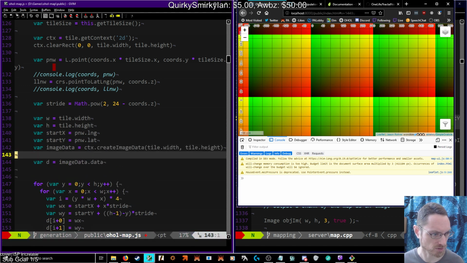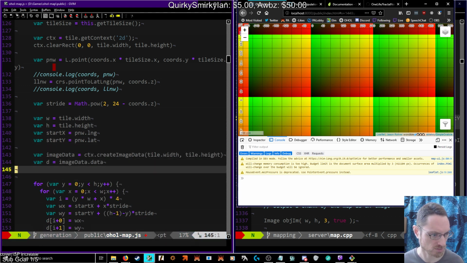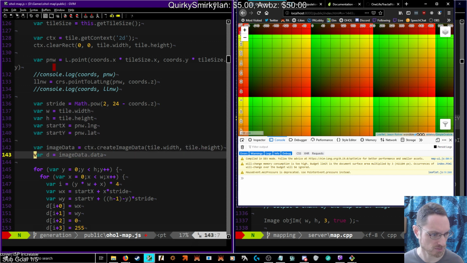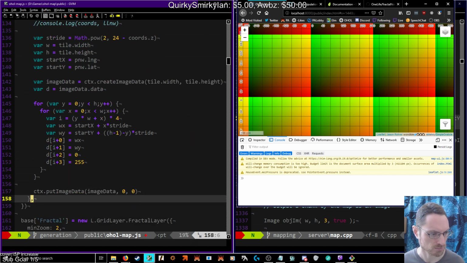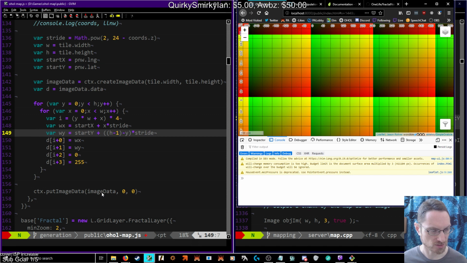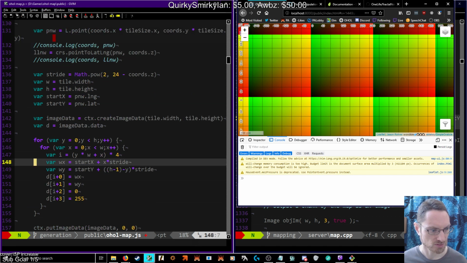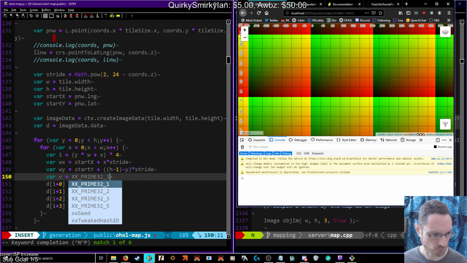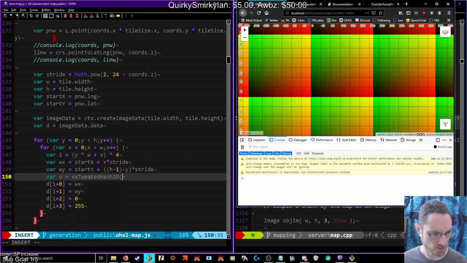Let's get all of our calculation stuff kind of together. All right, so we've got our input coordinates, and we're really only going to have one dimension right now. XX tweak hash 2D WX WY.